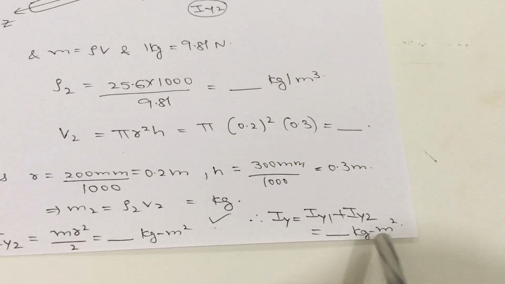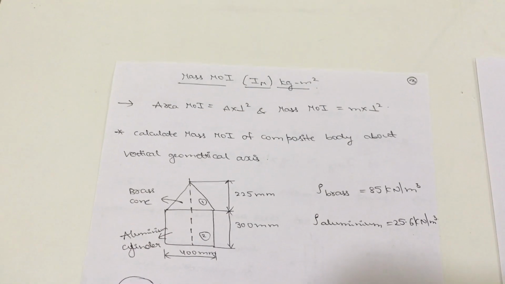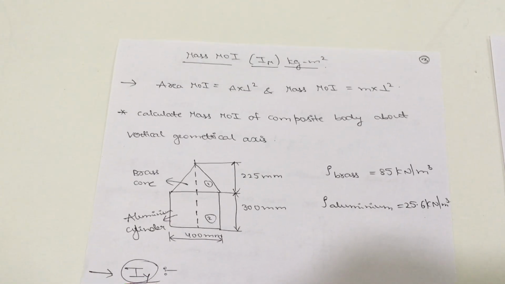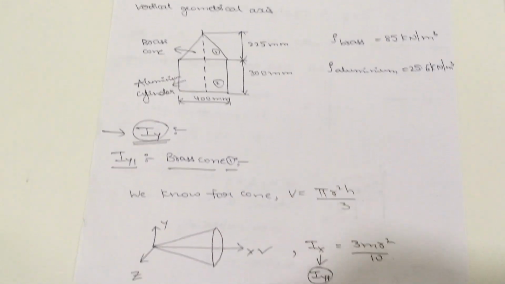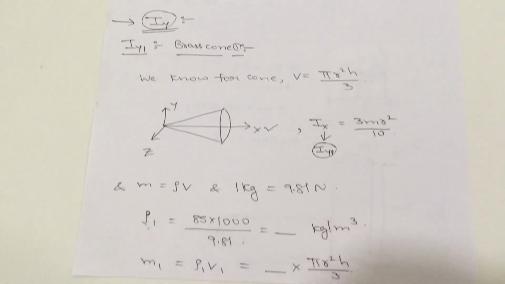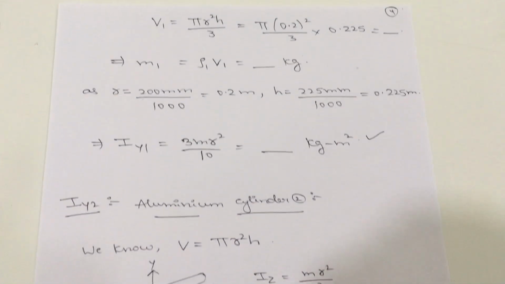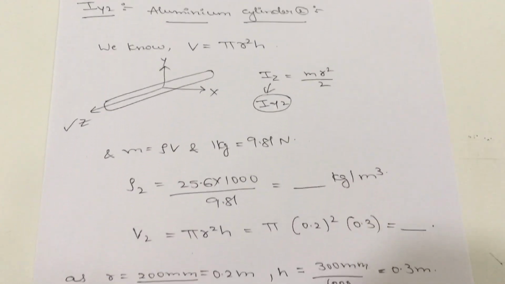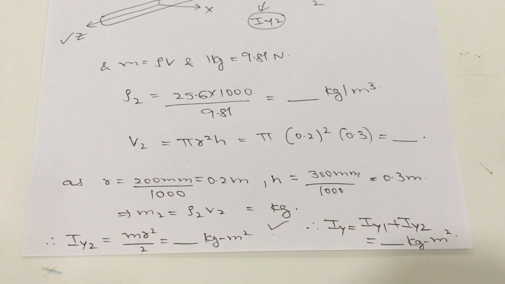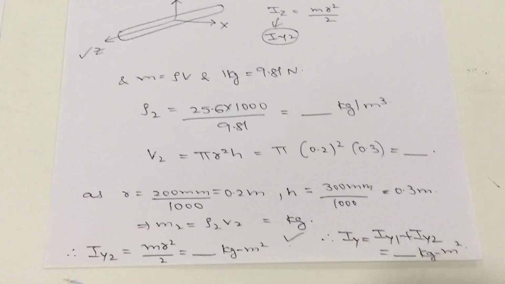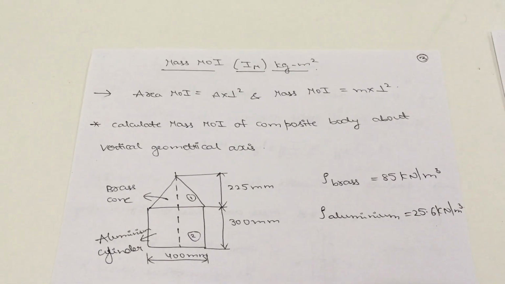You will get that in terms of kg meter square. So this is the problem for mass moment of inertia. Once again, see the main diagram, the IY1 calculation and the IY2 calculation. So these are the problems which are related to mass moment of inertia and product of inertia.